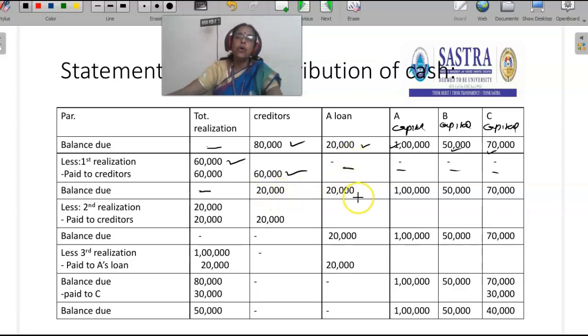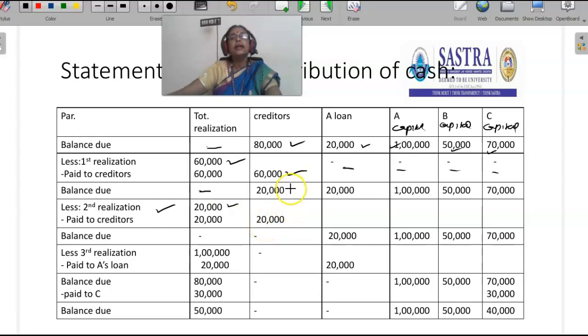A's loan, the whole amount of 20,000, is due. Capital, the entire amount is due: A's capital 1 lakh, B's capital 50,000, C's capital 70,000. Then we go to the second realization. The second realization amount is 20,000 rupees, which is also used by the firm to settle the creditors.